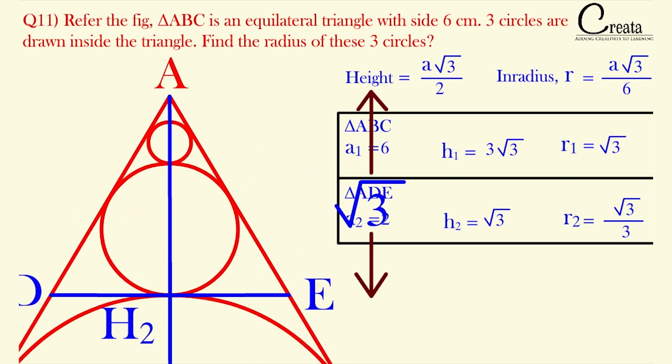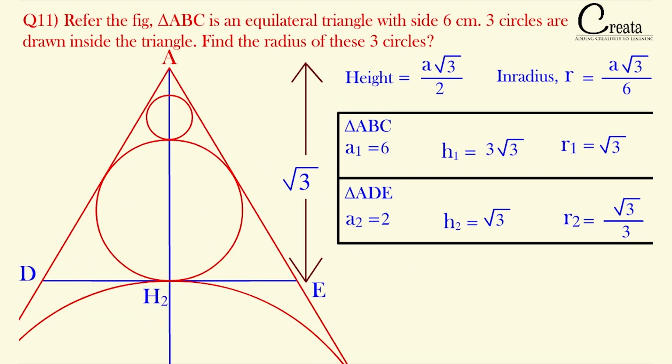Let's see. First of all, let's try to calculate the height of this triangle. So again, we will draw a line segment FG which is parallel to DE. Here DE and FG are parallel to each other. The inradius of this middle triangle is √3/3. So we can say the diameter of this middle circle is 2√3/3.